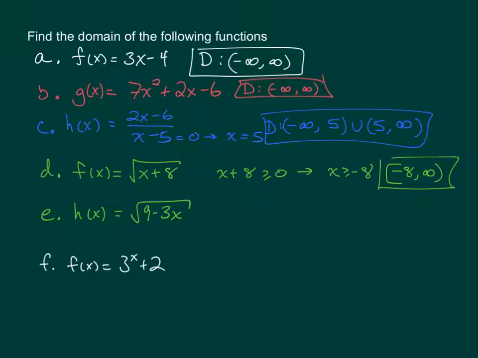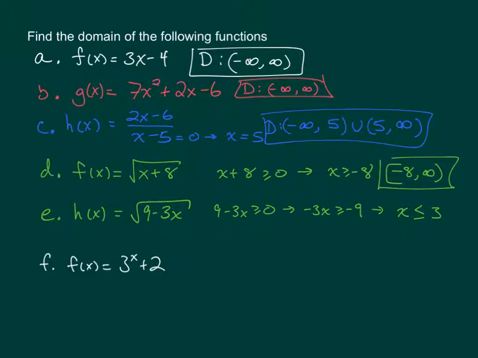Part E, it's very similar. We're just going to take the inside, set it to be bigger than or equal to 0, subtract 9 from both sides, negative 3x is greater than or equal to negative 9. Divide both sides by negative 3, that tells you x is now less than or equal to 3.